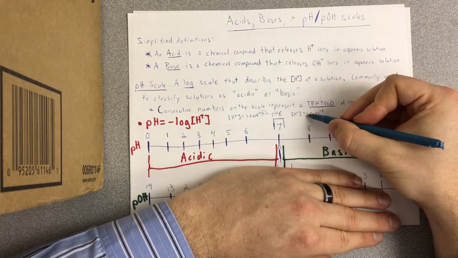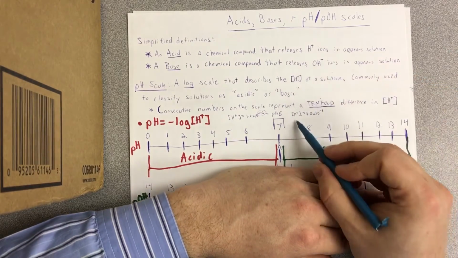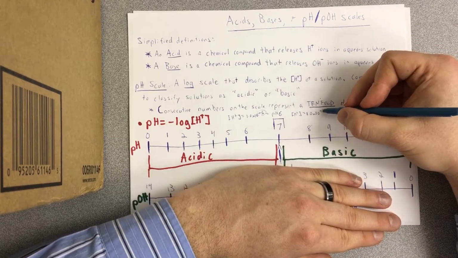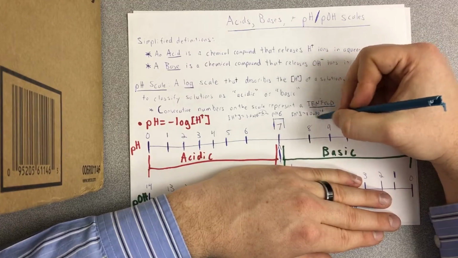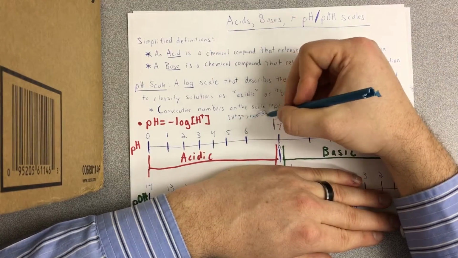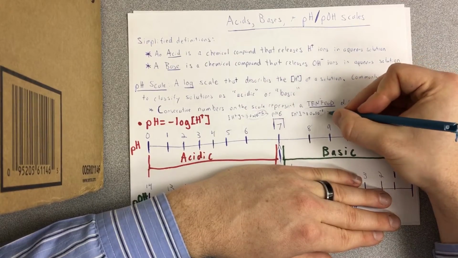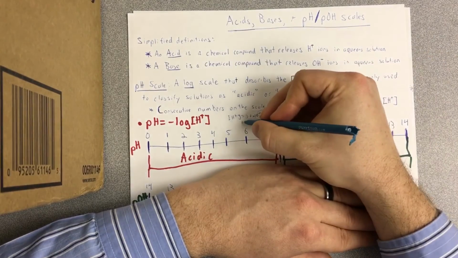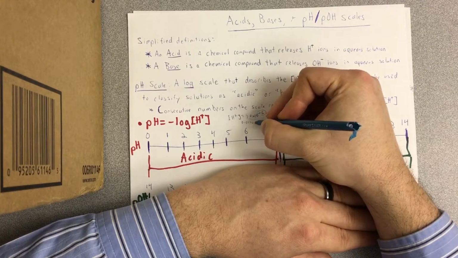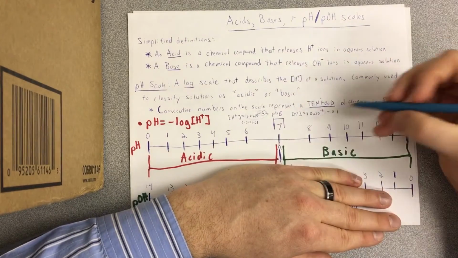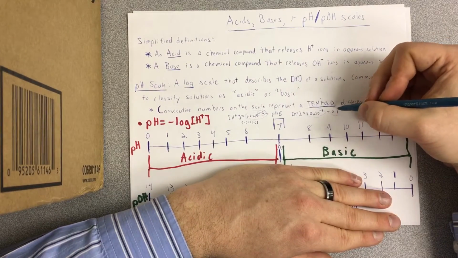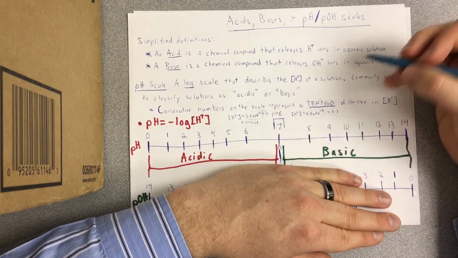So if instead we have a solution that has an H+ concentration of 1 times 10 to the negative 1, this solution has more H+ ions than this solution. The concentration of H+ is higher. This is equal to 0.1, whereas this is equal to 0.0000001. So this has a higher concentration of H+, that means it's more acidic.